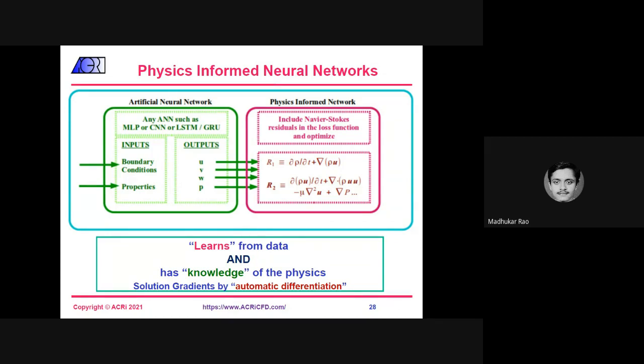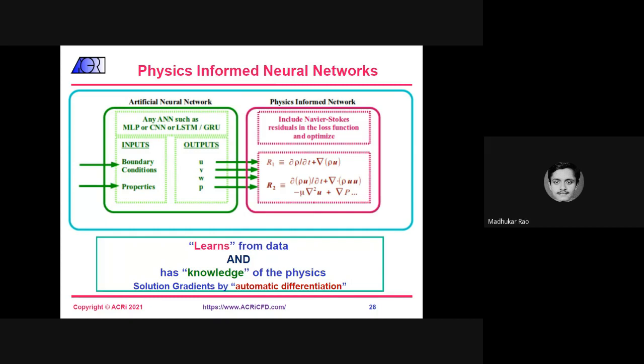And then what do I do? I pass it through the governing equations, and note that I have the differential or the strong form of my governing equations because I'm still using a collocation method. So I evaluate it at all the collocation points, add them up, and then put it in my cost function.